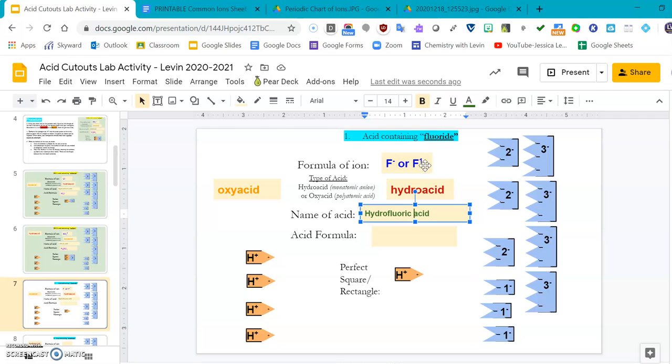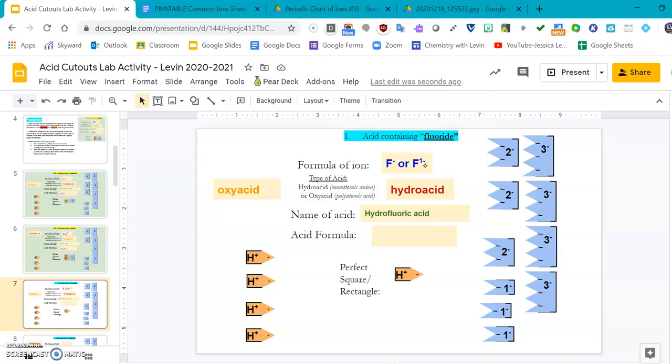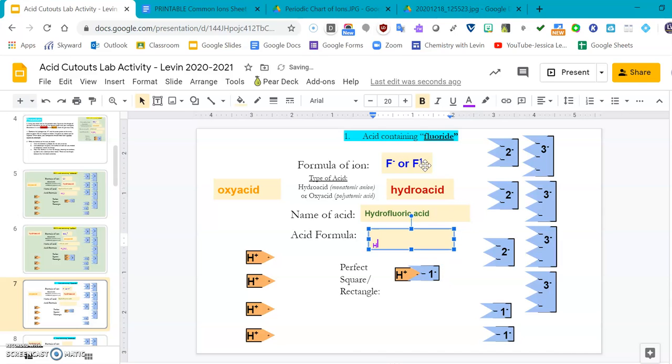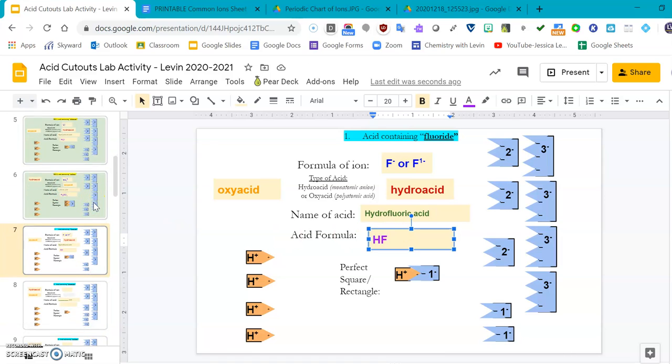So I would come over here to one of these, make sure that you have the little arrowheads coming up, and you can see that that H plus and that F minus cancel each other out. So my formula is capital H, capital F, HF, just like that. All right, so that is how you would do that one.